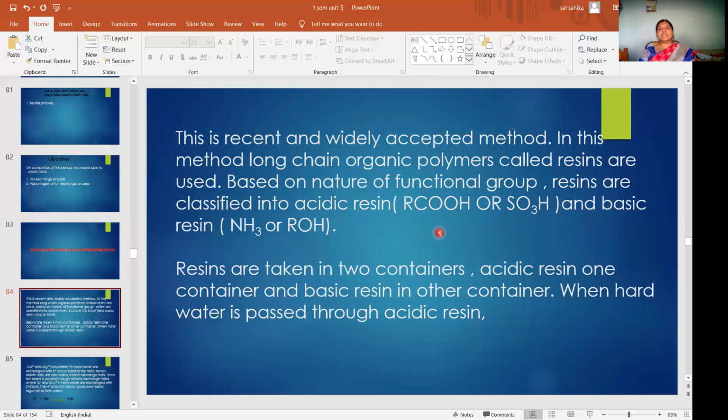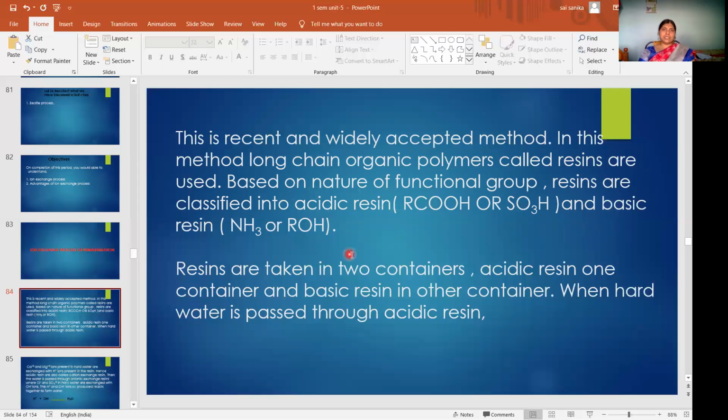For acidic resin, these two are the examples: COOH, this is carboxylic acid group, and this is sulfonic acid group. If the functional group is acidic in nature, that is acidic resin. If the functional group is basic in nature, that is NH3 group or OH group, that is basic resin. These two types of resins are used in this process.